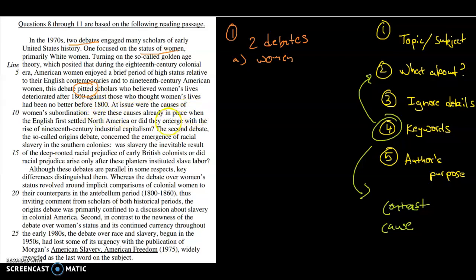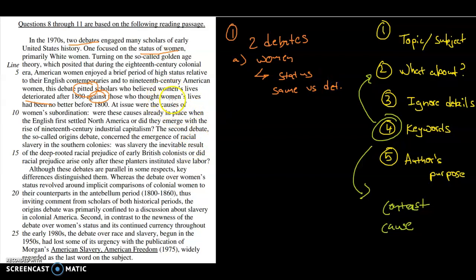Scholars who believed women's lives deteriorated against, there's another keyword, those who thought women's lives had been no better before 1800. Summarizing this up, it's something to do with the status of women, and it looks like it's staying the same versus deteriorating. So there's a debate there.